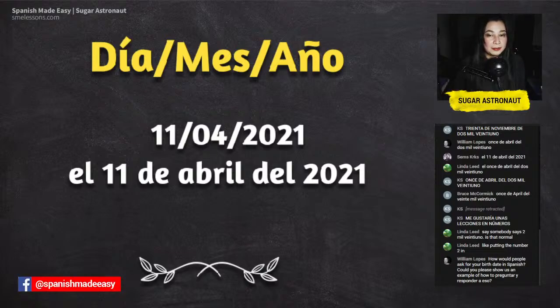Actually, Spanish speakers who are learning English, including me when I was learning English, I had issues with that because I knew a lot of people would say the year like two numbers, twenty twenty-one.